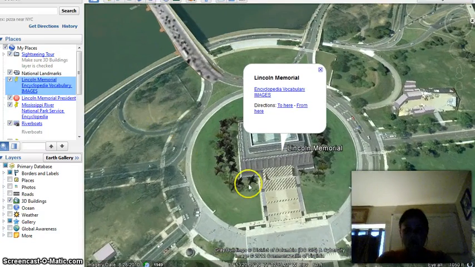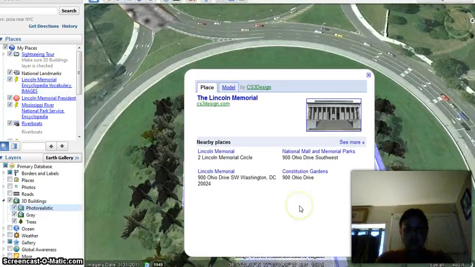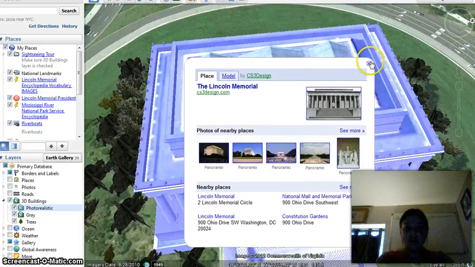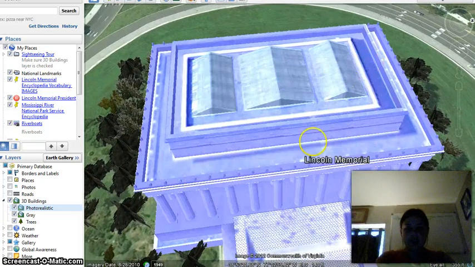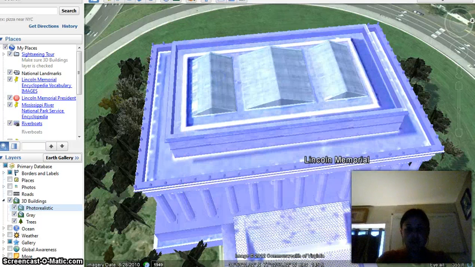And what's really neat about this is that we can go inside and we can see the pictures on the wall. Let me make sure I can get the right one here.